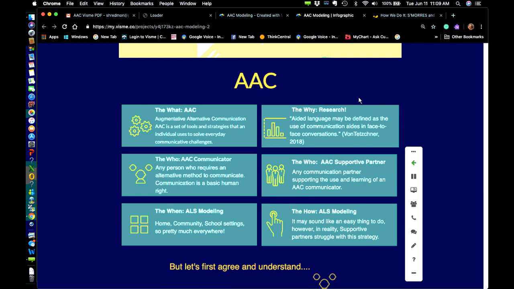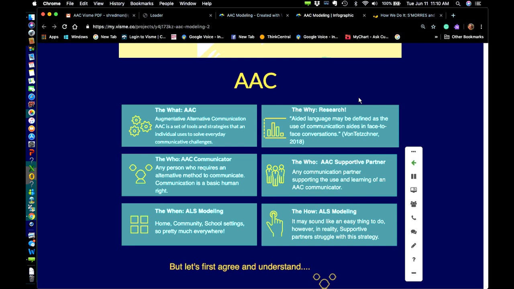And the core of today is that you walk away with one activity, one solid thing that you can do to implement and start moving, either within your classroom, within your own practice, helping parents, or any partners that are working with an AAC communicator, to really implement this and actually do it. And then also have the internet resources. This Visme is littered with resources for you, and Kelly Fonner and I are adding them constantly and updating this.